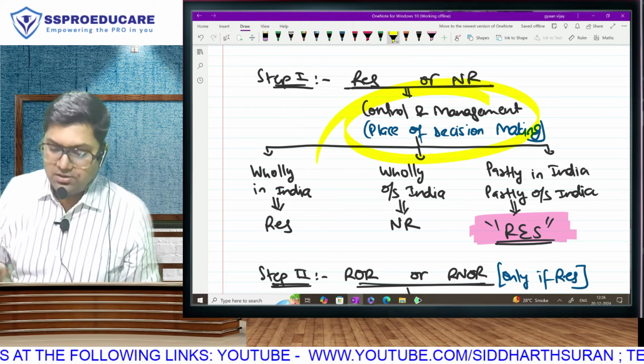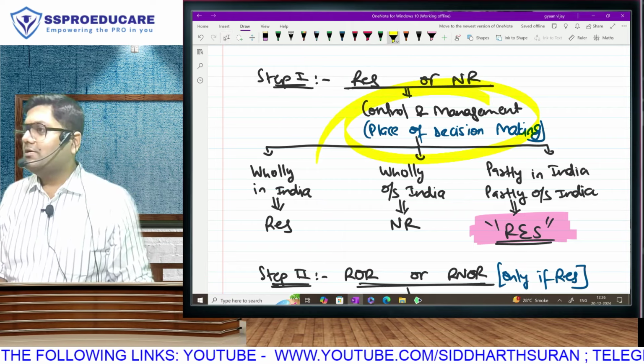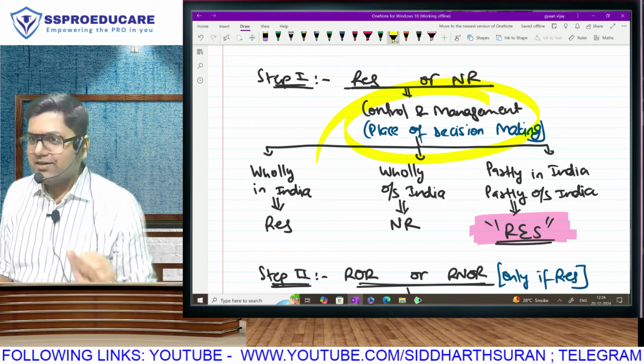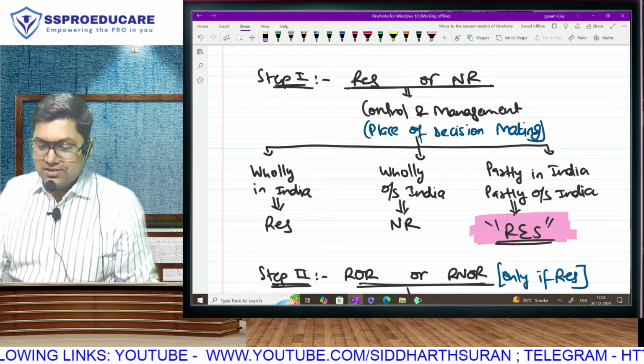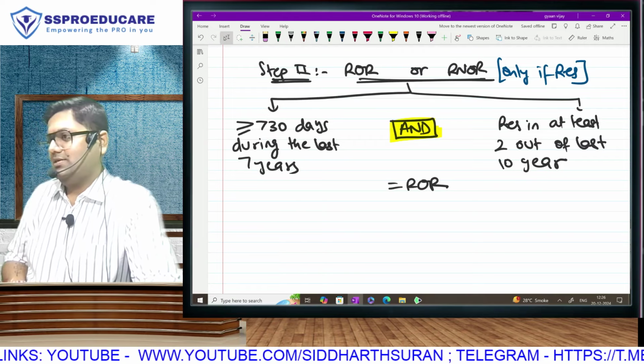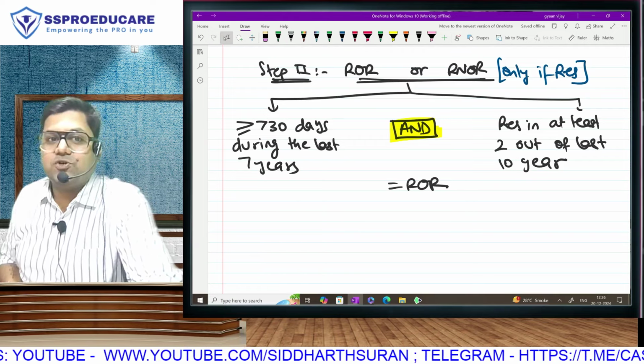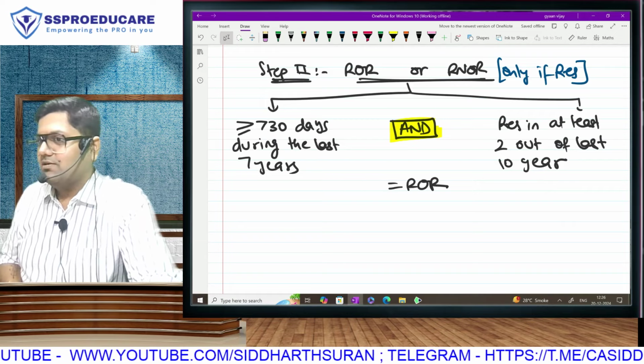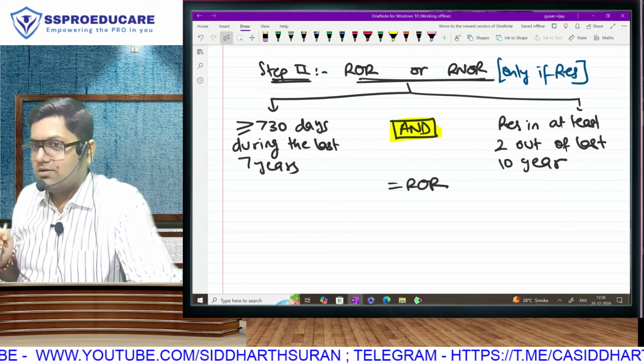Thus, we checked what? Control and manage. We can't check number of days, therefore we check. Then sir, how can you give us the condition of number of days? Because HUF is artificial person. You understood or no?